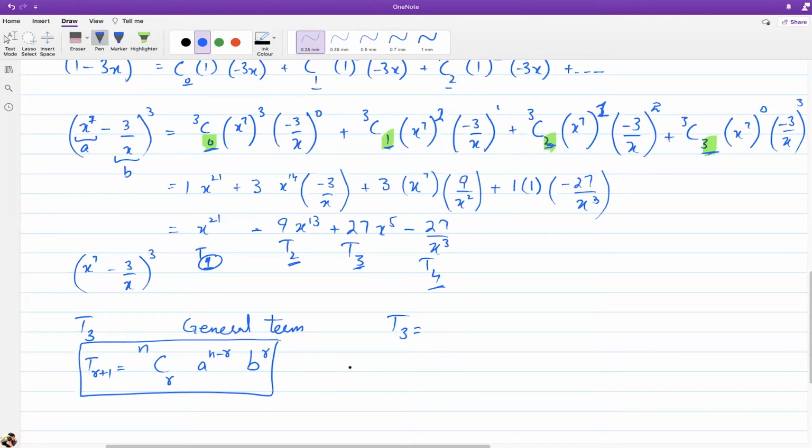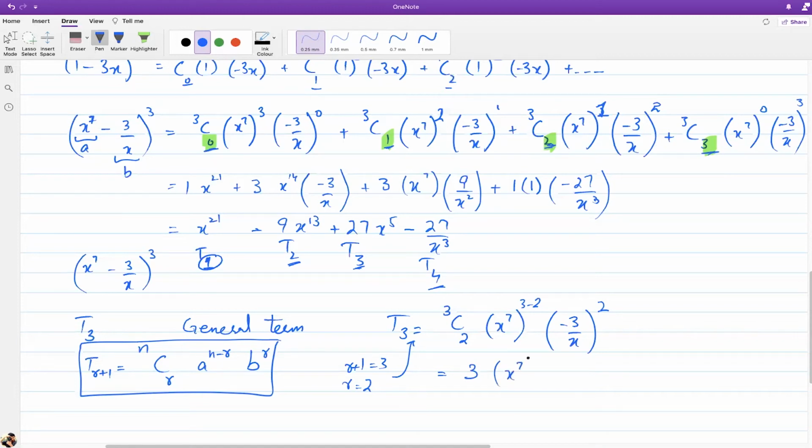That means r plus 1 is 3, so r is equal to 2. Term number 3 means r is 2. So 3c2, a to the power 3 minus 2, b to the power 2. I'm using the general term formula, and that will give me whatever the answer is. Find 3c2 from the calculator.